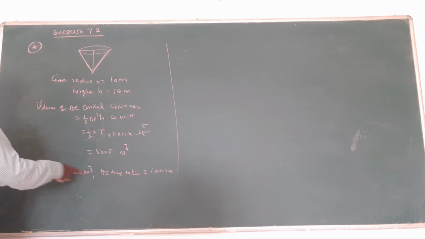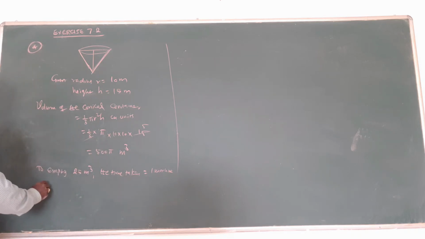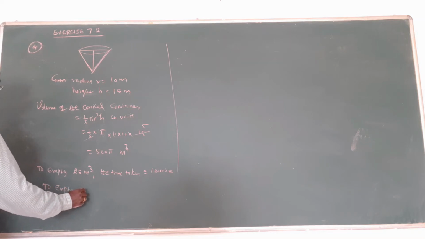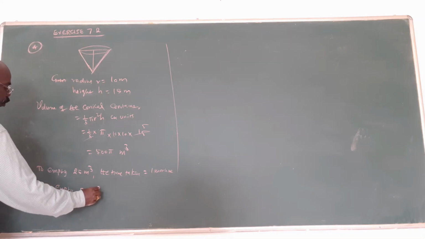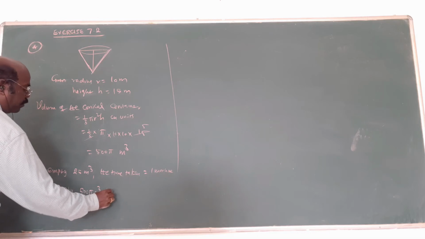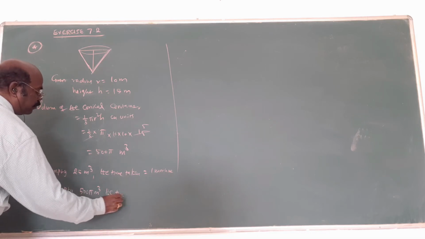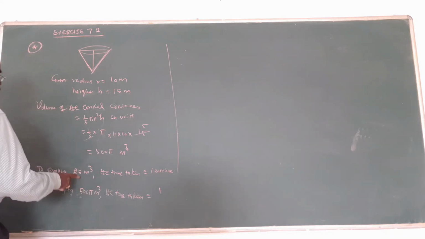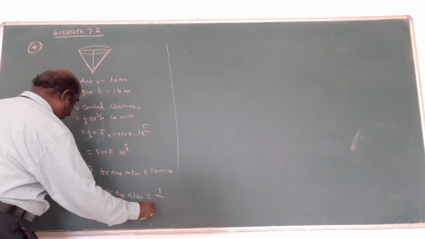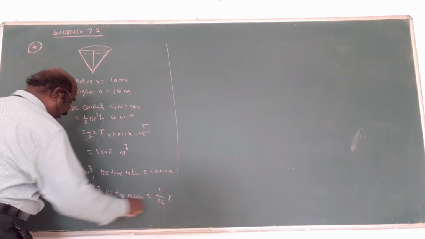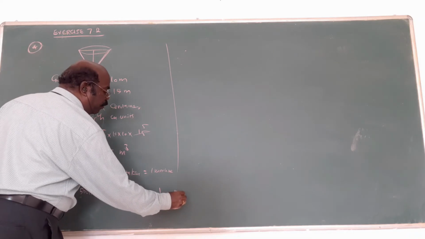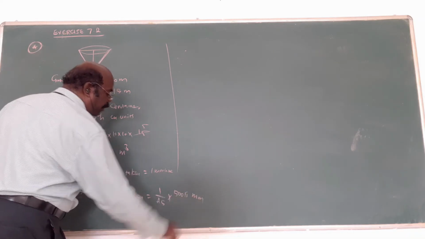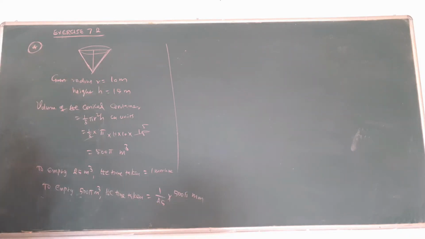That means to empty 500 meter cube, the time taken is unknown. Cross multiply, 25 into multiply 500 pi. Am I right? Now simplify it. That is a very important idea.